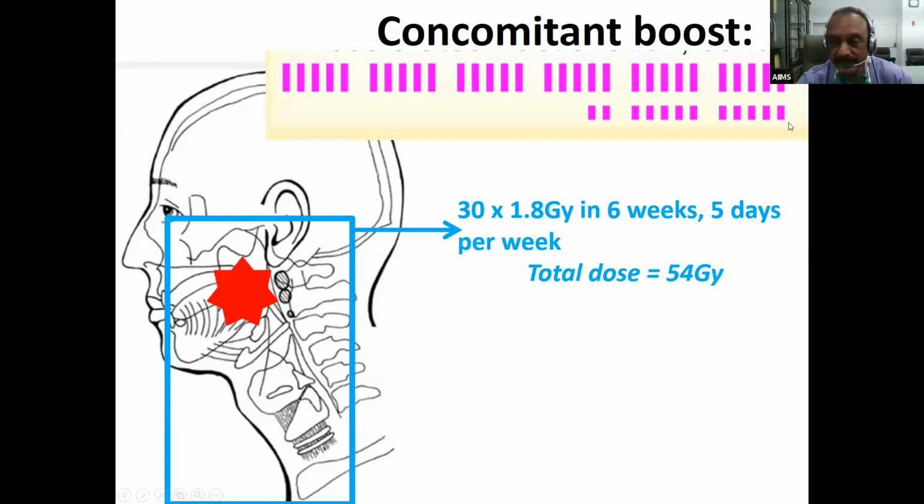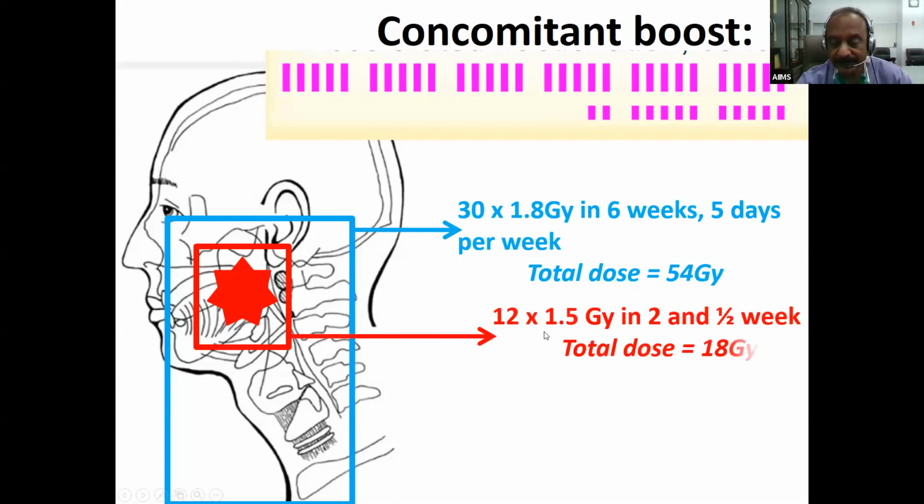In the last 2.5 weeks, you add another small portal covering the primary tumor and deliver 12 fractions of 1.5 Gray, 2.5 weeks, total dose 18 Gray. So in the last 2.5 weeks, you are delivering 2 fractions per day with 6 hours interval in between. So the total dose is 72 Gray in 6 weeks time.